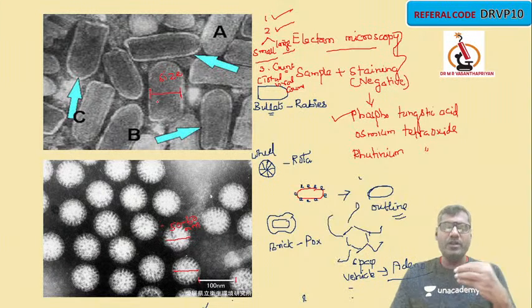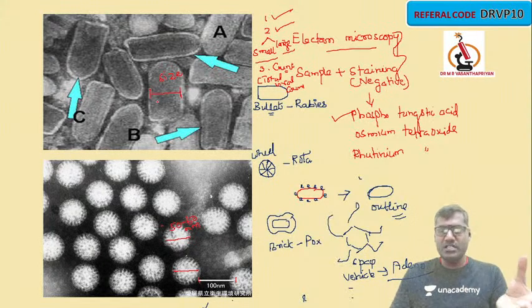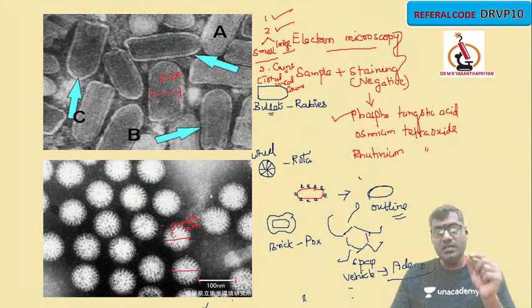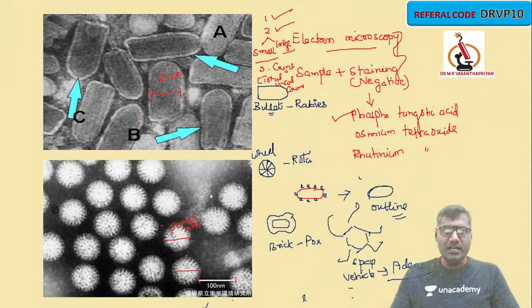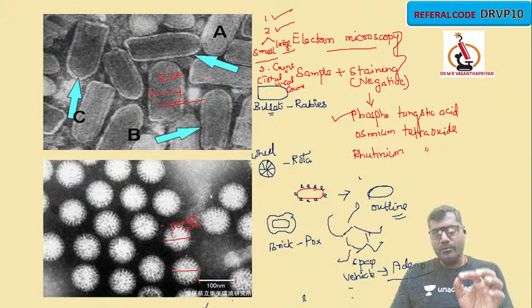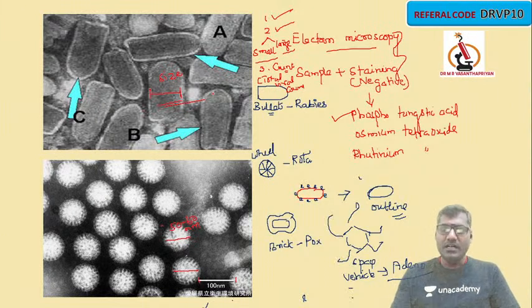During the counting, we cannot differentiate whether it is an effective virion, that is an infectious virus, or just a replicated virus. That is the one limitation, but it is not very important for the clinical assessment. So we use electron microscopy for counting, size measurement and morphological detection.